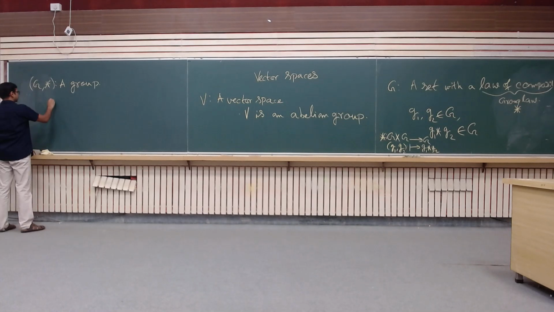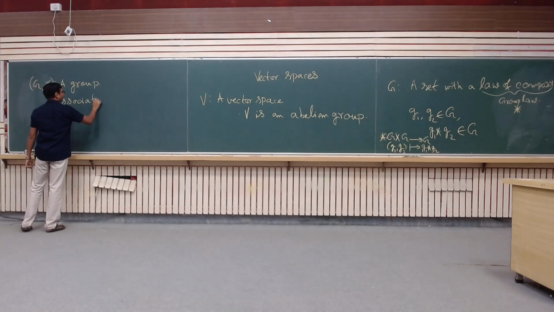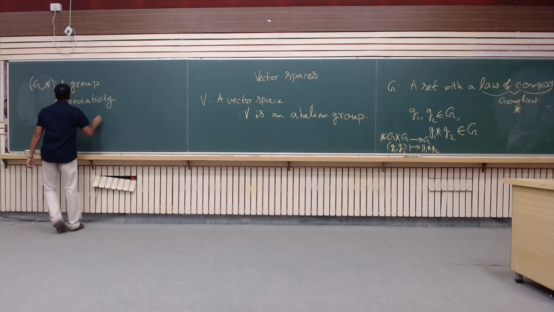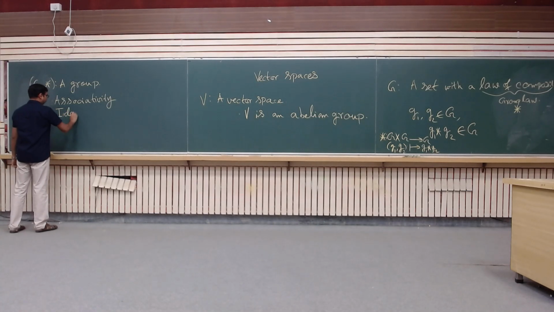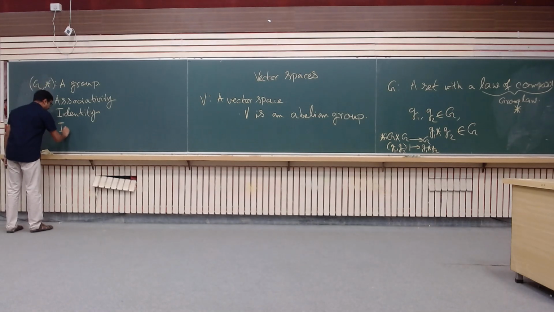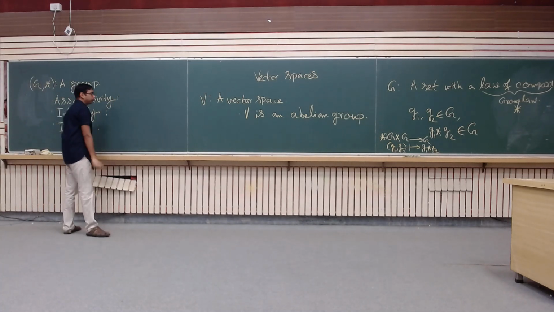The first one is associativity. The second one is identity, and the third one is existence of inverse. Just call this inverse. So we are going to define what these properties mean.